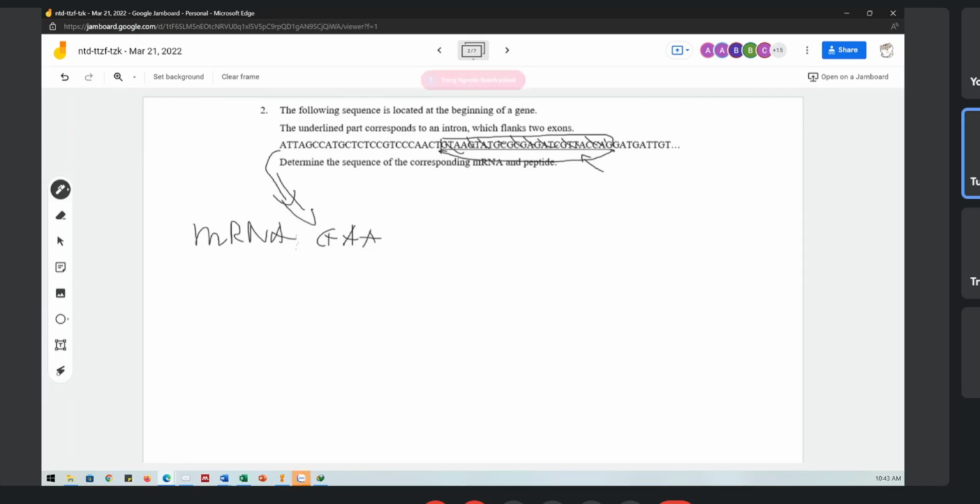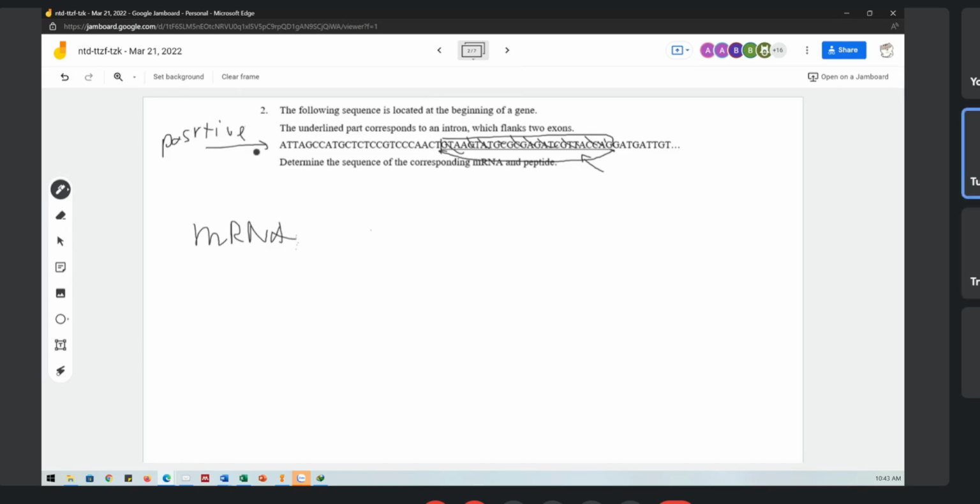No, in fact, from here you have exon and exon and intron here. That means that you have the positive strand.